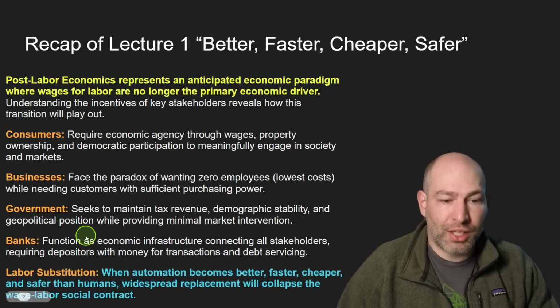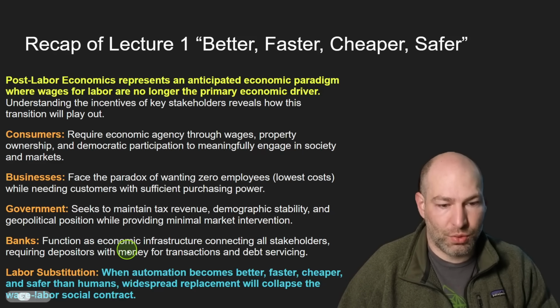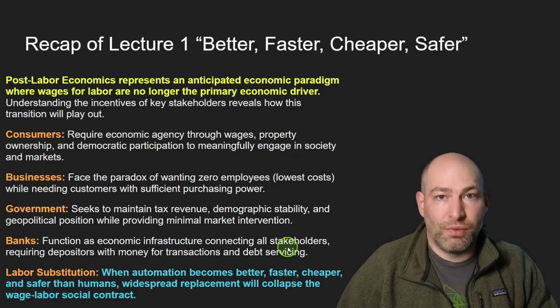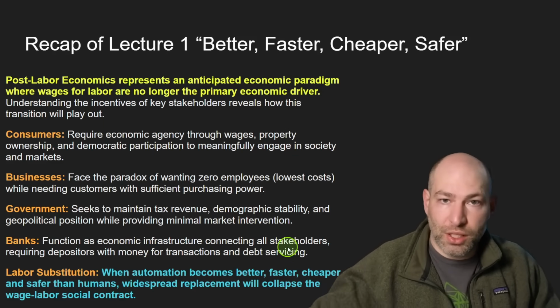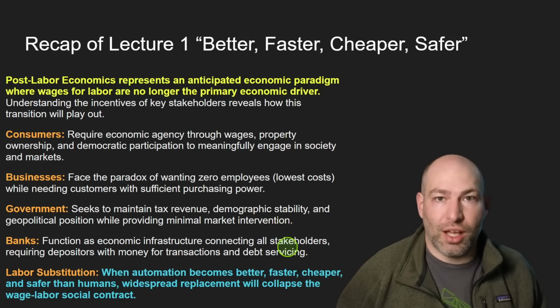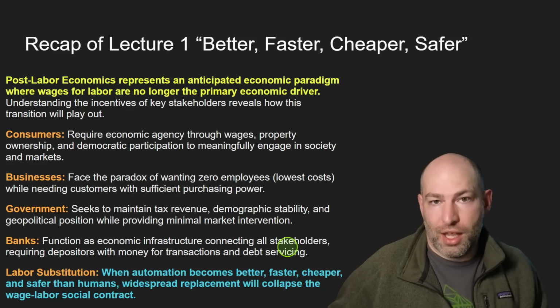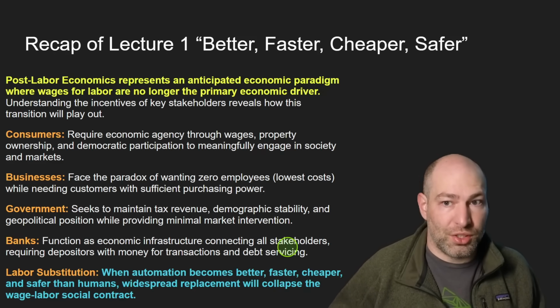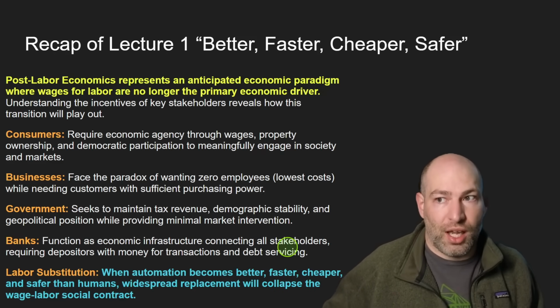And then banks. Banks function as economic infrastructure connecting all stakeholders, requiring depositors with money for transactions and debt servicing. From the bank's perspective, the bank wants to be issuing debt in the form of mortgages and loans and collecting interest. At a fundamental level, that's how the banks work. If their customers are broke, then the bank is just going to be foreclosing on everything, and that's not the bank's business model.